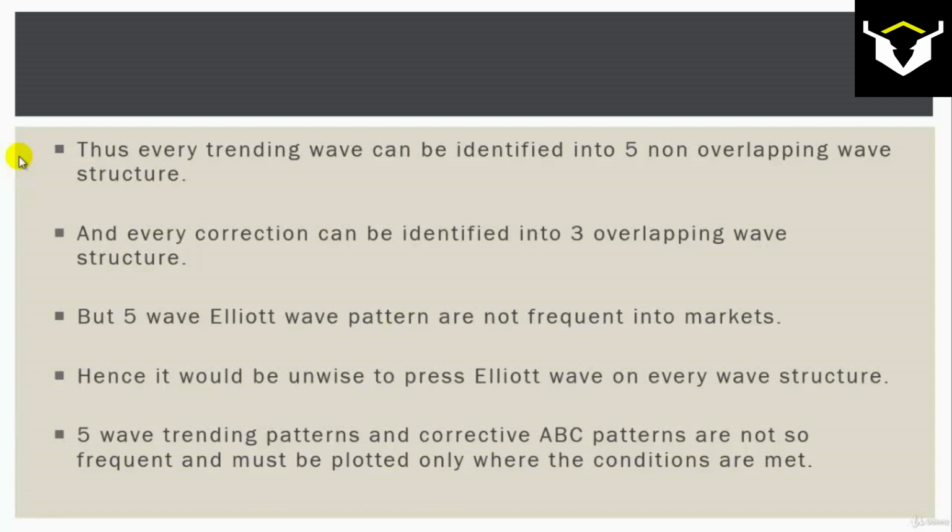Sometimes it is far more confusing. 5-wave trending patterns and corrective ABC patterns are not so frequent and must be plotted only when the conditions are met. Only when you see a clear unfolding of these patterns, you must assume that an Elliott wave structure is present, rather than pressing these Elliott wave points on every or any kind of wave structure.